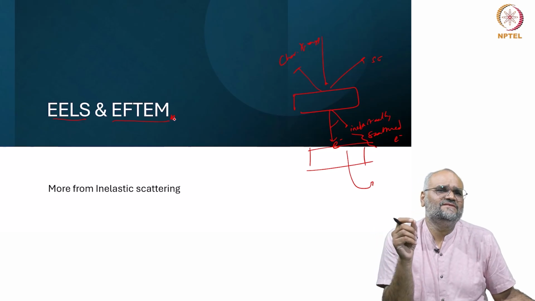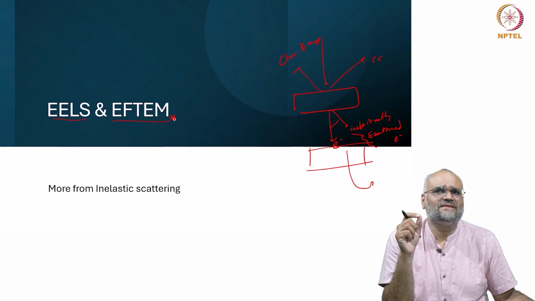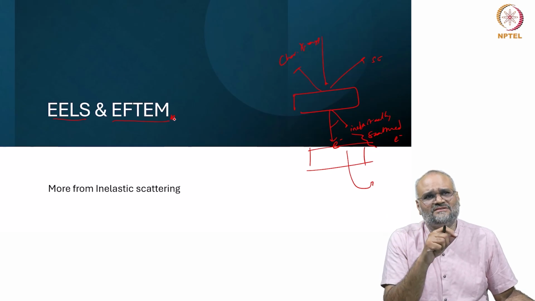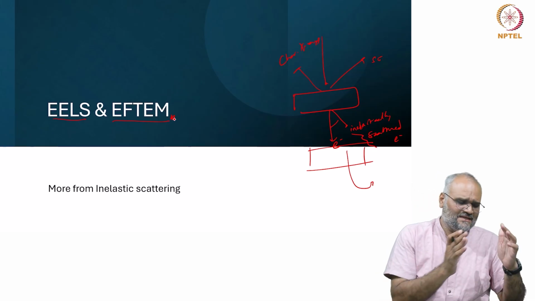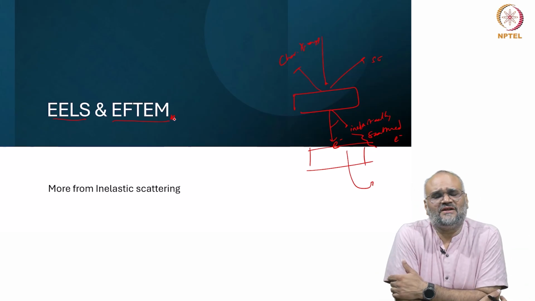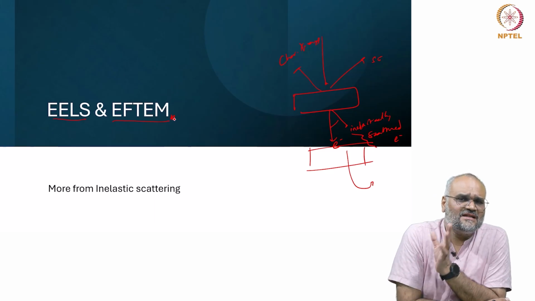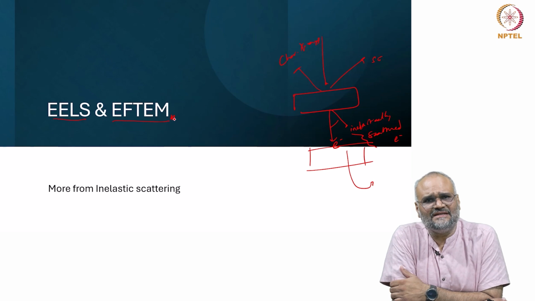So this gives you a rough idea that STEM images coupled with spectral imaging can give you a better spatial resolution than the energy filtered TEM images. In the first part of the lecture, we will see the concepts of EELS and the spectral imaging part, and then in the second part we will see energy filtered TEM.